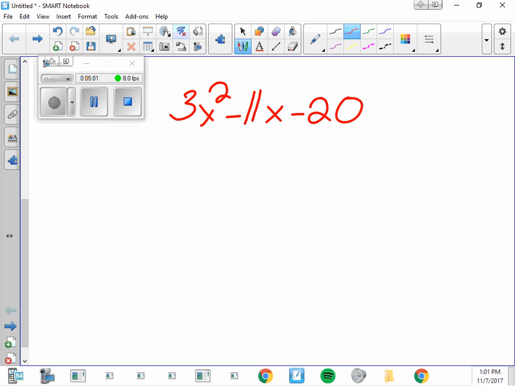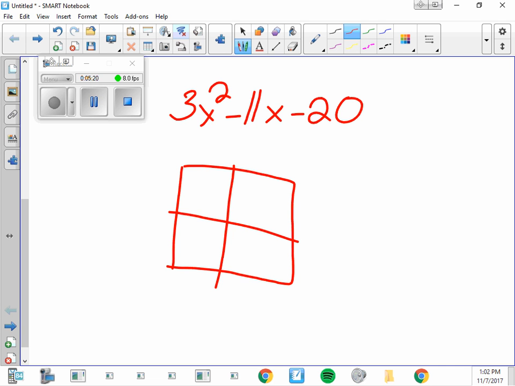And I still need to factor it, but I have a leading coefficient. Whenever you have a leading coefficient, you have to use the box. Some of you know another way to do it, but if you do, go ahead and use it. If we put this in the box, the 3x squared goes here, and the negative 20 goes here.